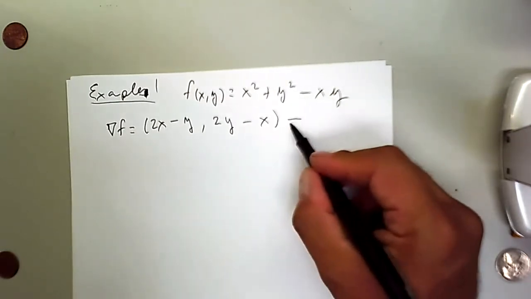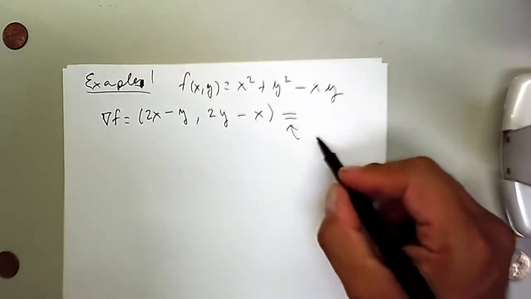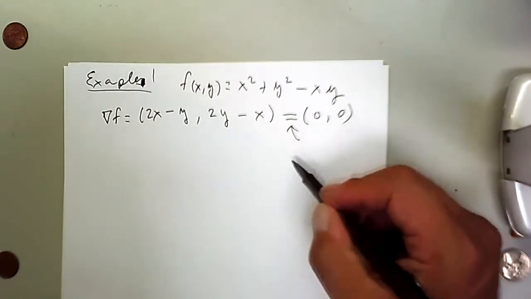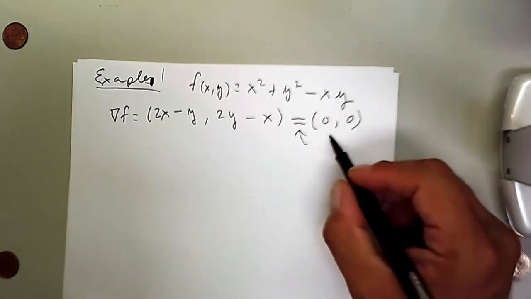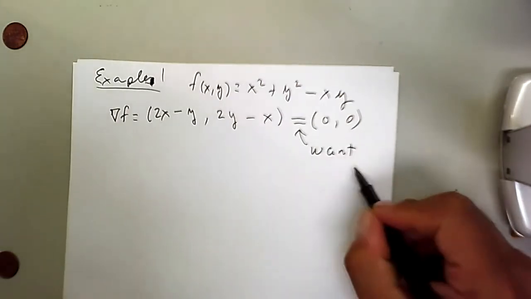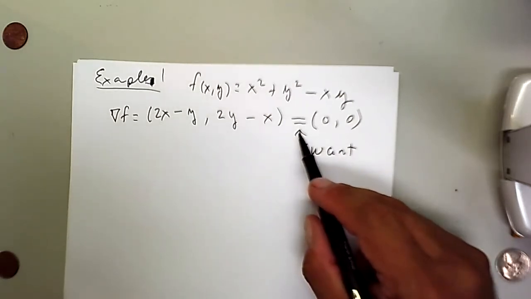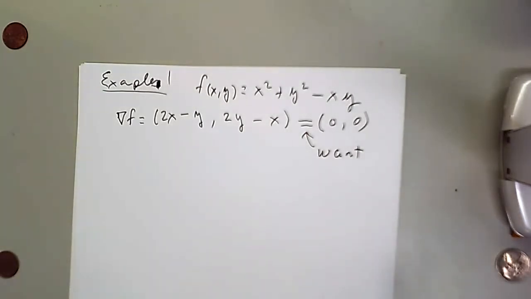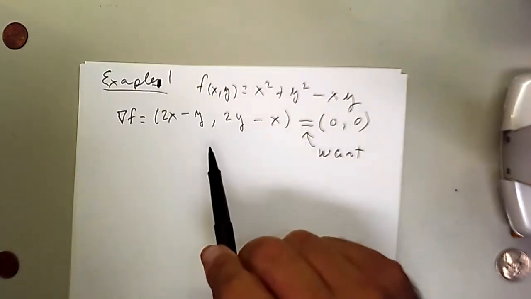And we want to set this equal to 0, 0 in order to end up with a critical point. Just like in Calc 1, when you're finding the maximum, you set the derivative equal to 0. It isn't like the derivative is always equal to 0. In this case, the gradient is not always equal to 0. Sometimes it is, and sometimes it isn't.